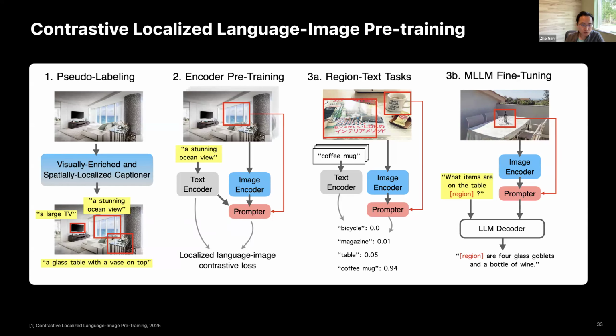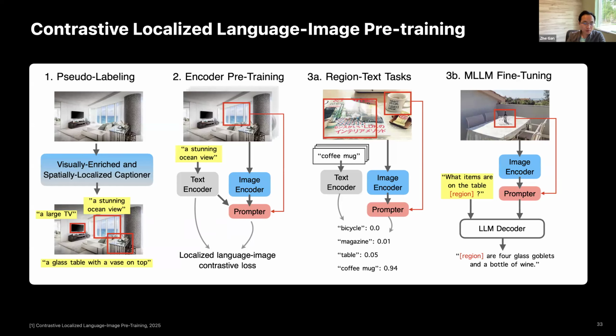First you have an image and an image encoder, just like CLIP. But here we add another prompter, and this prompter helps you get the image region. Suppose you also have region-level supervision, which is the pseudo label that we are going to have in the first step.